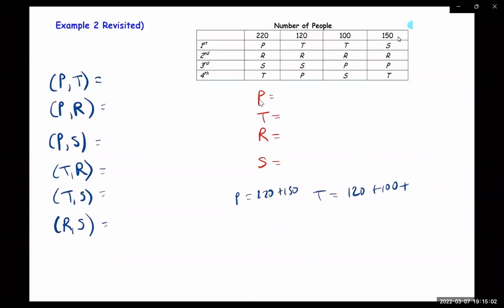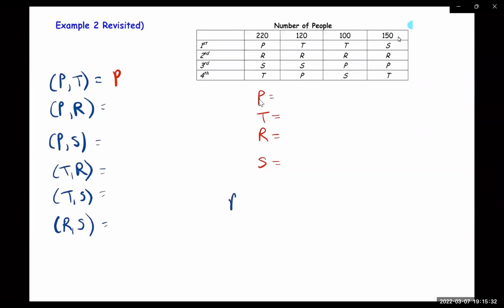It looks like P. P had 370 and T had 220. So I'm just going to put P. If you can tell which one's already going to win, you don't even have to write the sum. P did win because P won 3 rounds and T only won 2. R won 1. So it should be P, P, P, T, T, R.